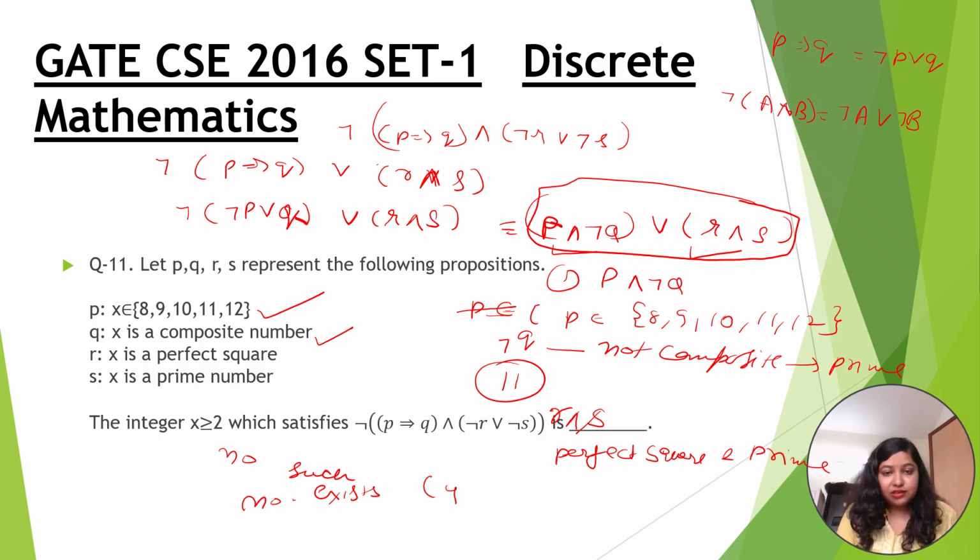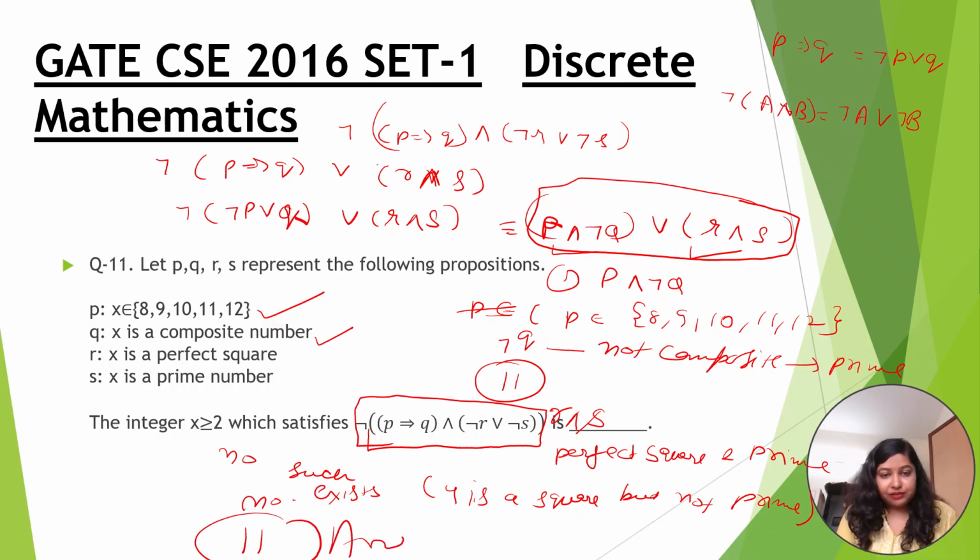Like 4 is a square but not prime. So the final answer, step 3, the intersection of this and this, is 11. 11 is the answer. Okay, so coming to the next question.